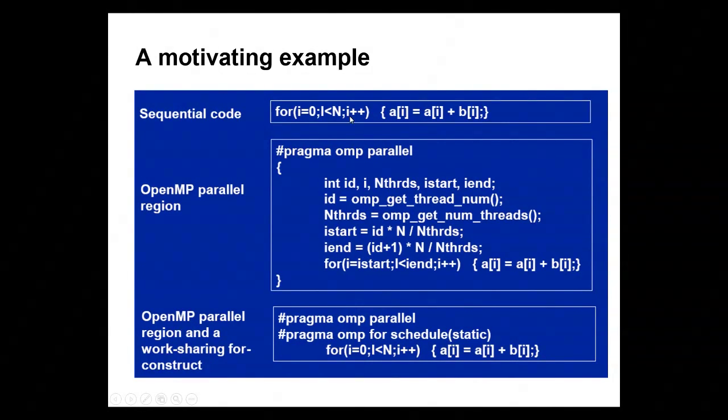For example, for the loop, you can control the loop index and force each thread to do a part of the computation. That's possible, but using a work sharing construct will simplify that process. For example, here, for the parallel for loop, the compiler will do the work for you, and hopefully it will do good work.